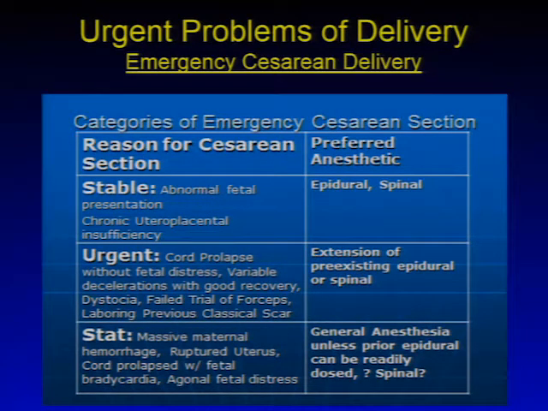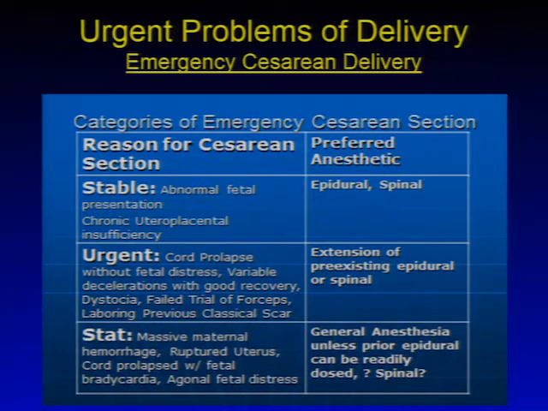Urgent need for cesarean delivery includes such things as cord prolapse, variable decelerations with good recovery, dystocia, a failed trial of forceps, and a laboring woman with a previous classical scar. These also can often be anesthetized with extension of a pre-existing epidural or spinal.